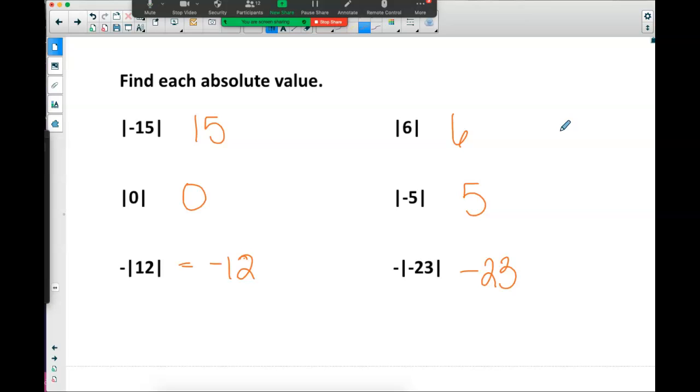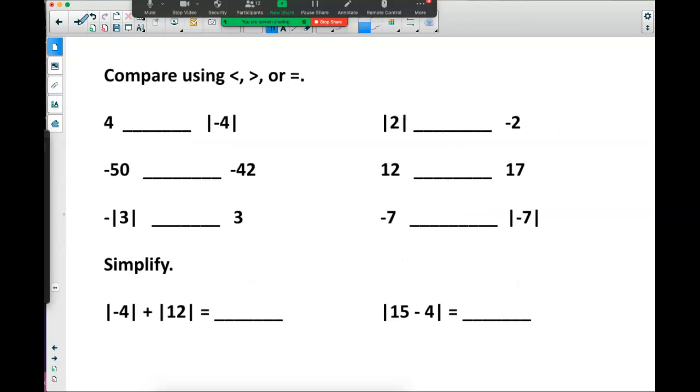Okay? So let's try a couple of these comparing ones. If I'm going to compare 4 and the absolute value of negative 4. What is the absolute value of negative 4? That's just 4. So, greater than, less than, or equal to? Equal. They are equal to each other.